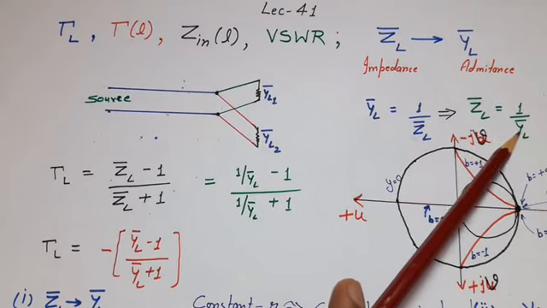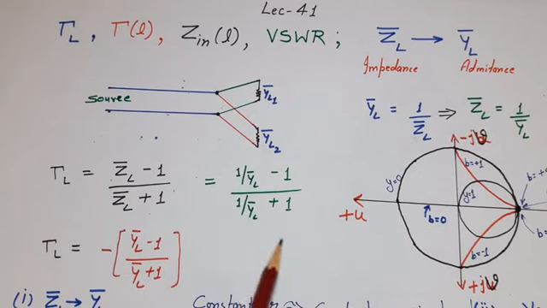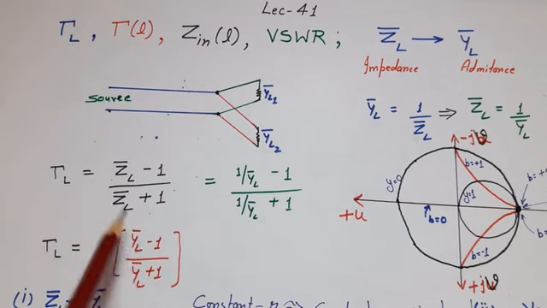So we put 1 upon YL bar in the place of ZL bar, and after solving we get gamma L is equal to minus (YL bar minus 1) divided by (YL bar plus 1). So what we are observing here, if YL bar is given, then to calculate gamma L, just replace ZL bar with YL bar and put a negative sign. What does it mean? If ZL bar and YL bar values are same, then magnitude wise the value of gamma L will also be same.